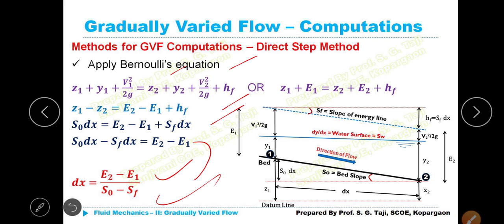Ultimately, this equation becomes this figure, which you have already seen and learned in the previous classes.